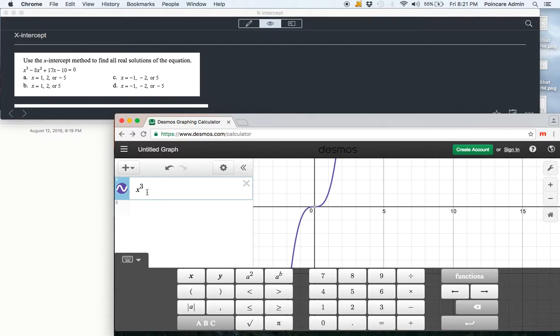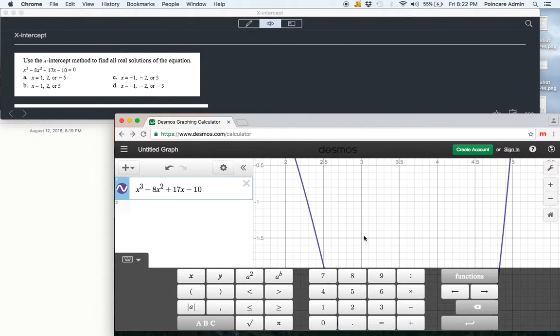Then you have to click down sometimes, because if you don't, you get stuff up here that you don't want. Hit the minus sign, 8x squared, and then plus 17x, and then minus 10.